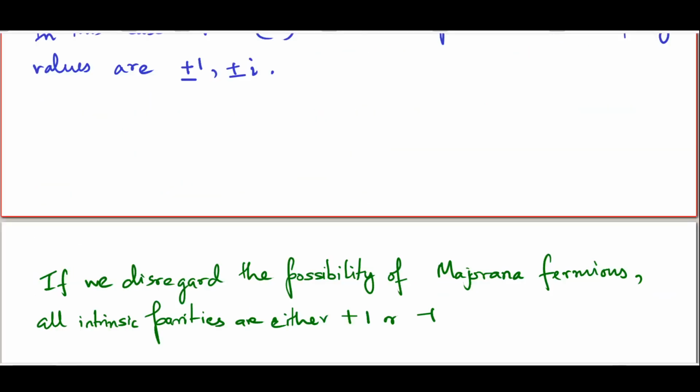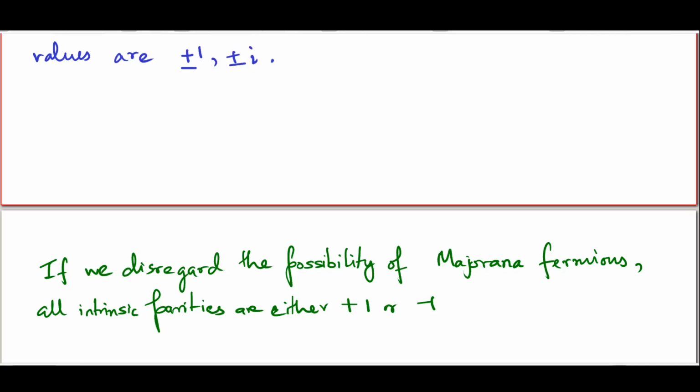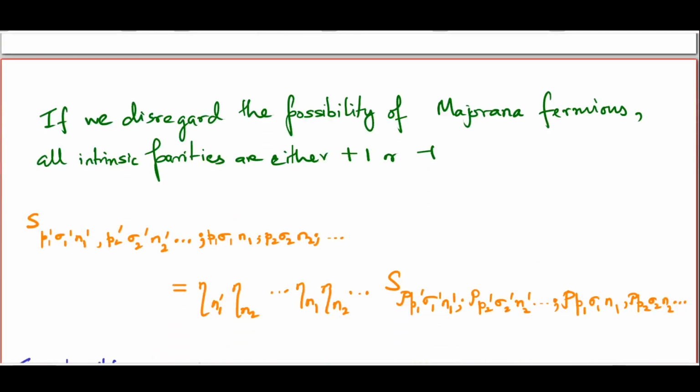One more consequence of this would be that the relationship between S matrix elements, between direct reactions and parity reversed reactions, would become this, where the conjugations on η_n1', η_n2', etc. can be ignored because these are now real numbers, either plus 1 or minus 1. And of course, this overall factor that you have here can either be plus 1 or minus 1.